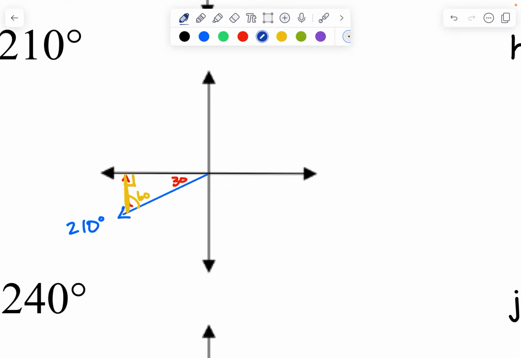On a 30, 60, 90, the hypotenuse is 1. The short side is half of the hypotenuse, but let's look. It's going down, which means it's negative, and the medium side is the short side times the square root of 3, but look, it's going left, so it's negative.